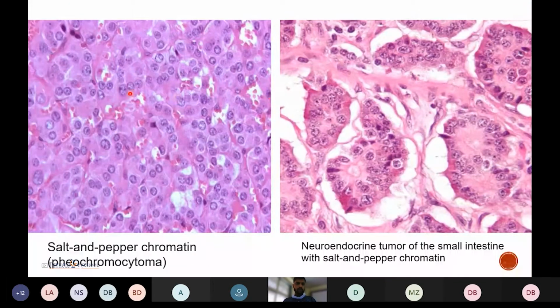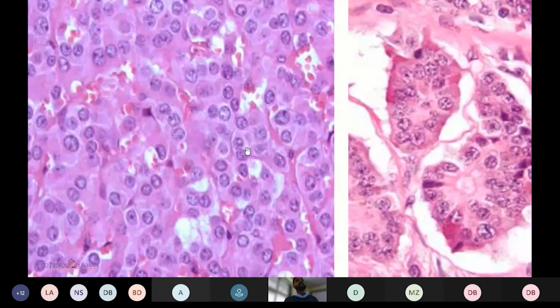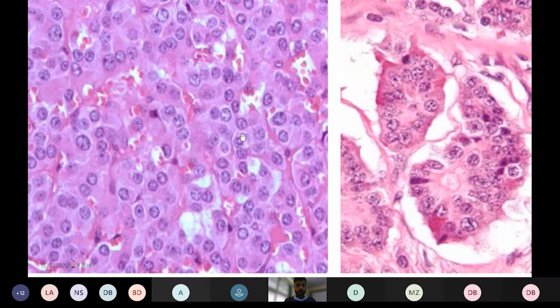In these photos also you can appreciate the salt and pepper chromatin. Now these are not of pancreatic origin. This is pheochromocytoma and this is small intestine, but still these neuroendocrine tumors have this characteristic salt and pepper chromatin type of nucleus wherever you see them.